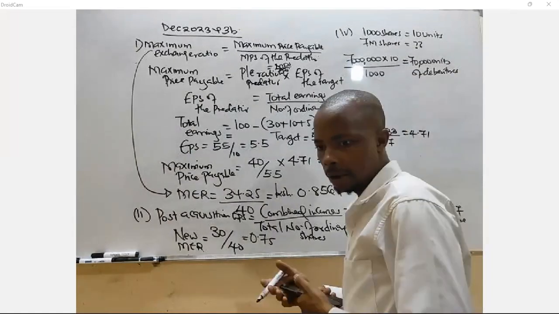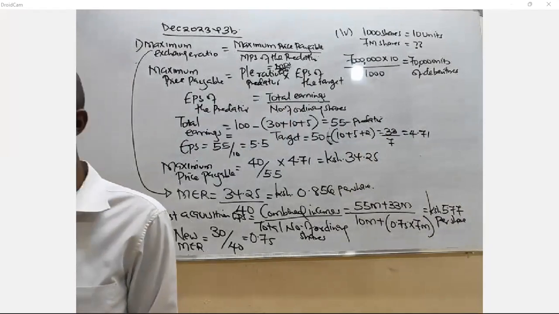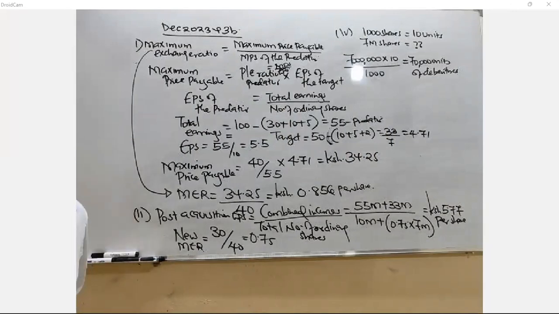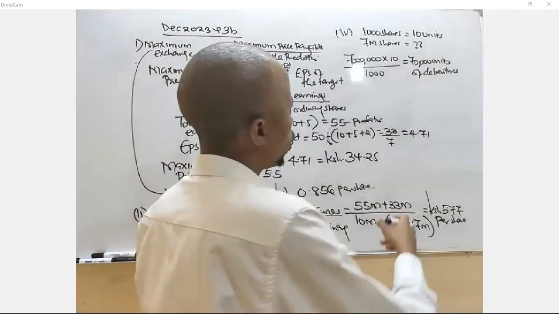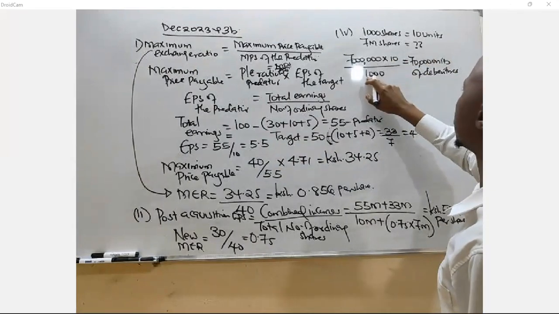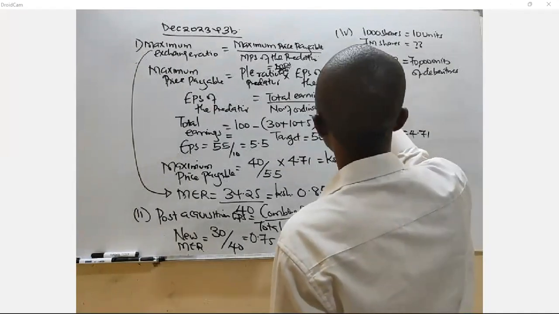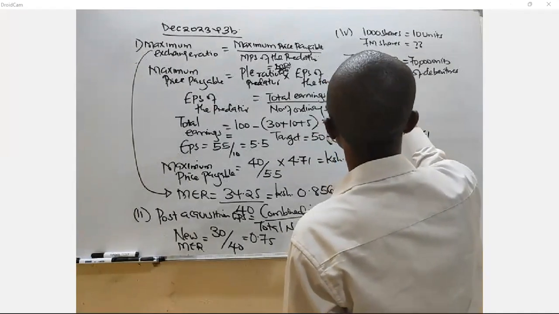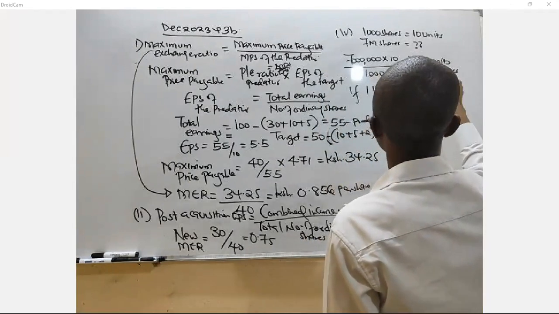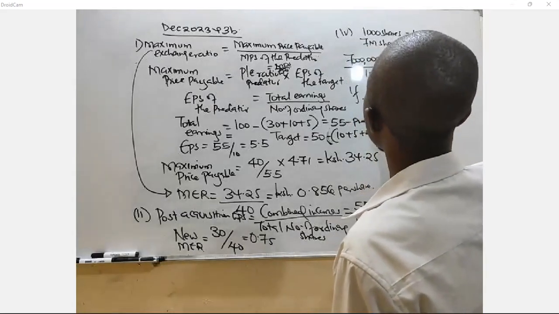Each debenture, because they have been telling us that the post-acquisition earning per share, assuming 1,000 ordinary shares are exchanged for 10 units of 15% debenture with a par value of 100 each. Already you have gotten 70,000 units. If 1 unit has a par value of 100, what about 70,000 units?